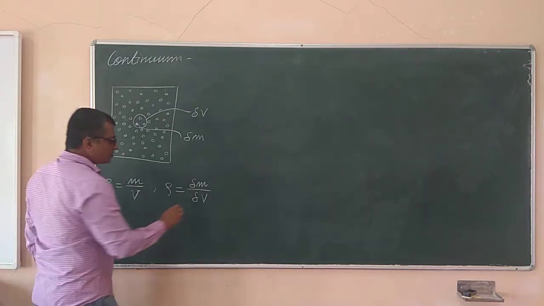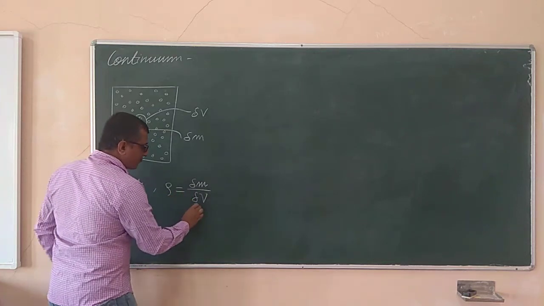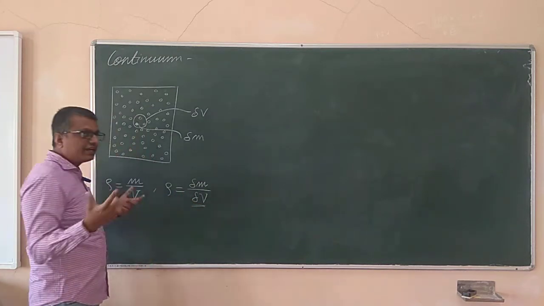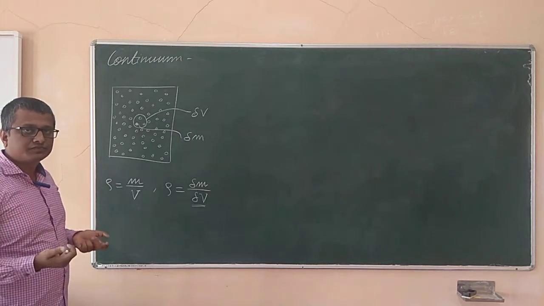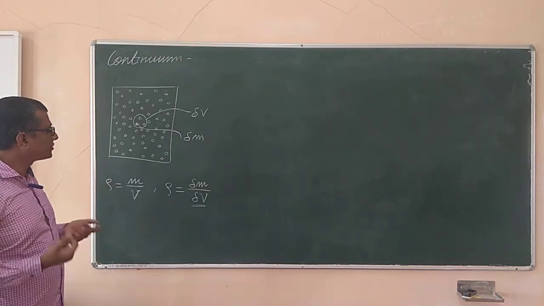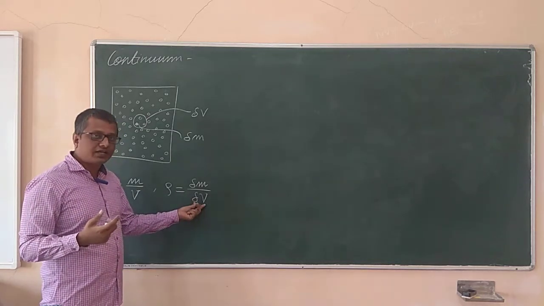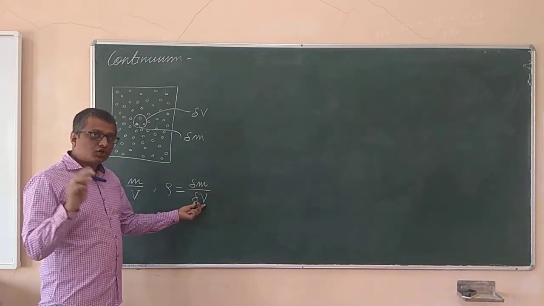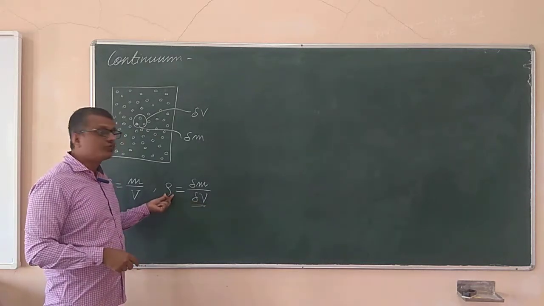Now if you vary delta V, you will find the density is different. You will ask how that happens. Even for a very small value of delta V, the density is not constant with respect to time. Even with time that density is going to vary.